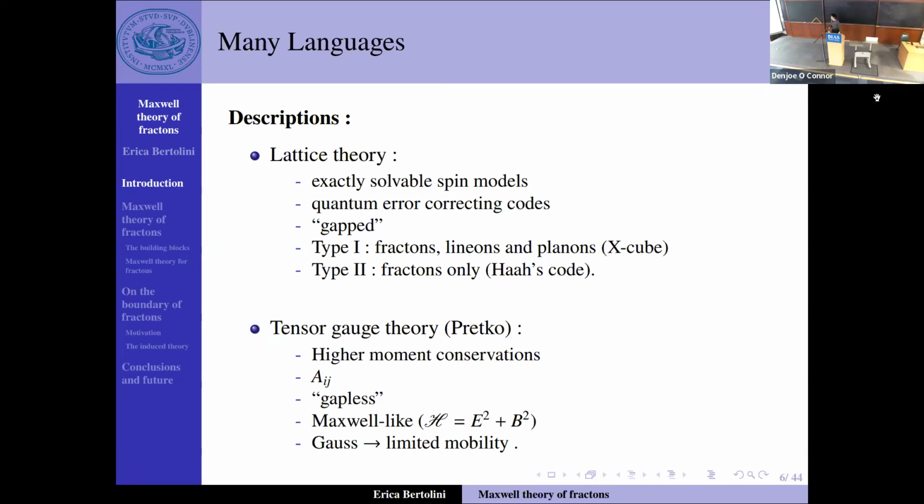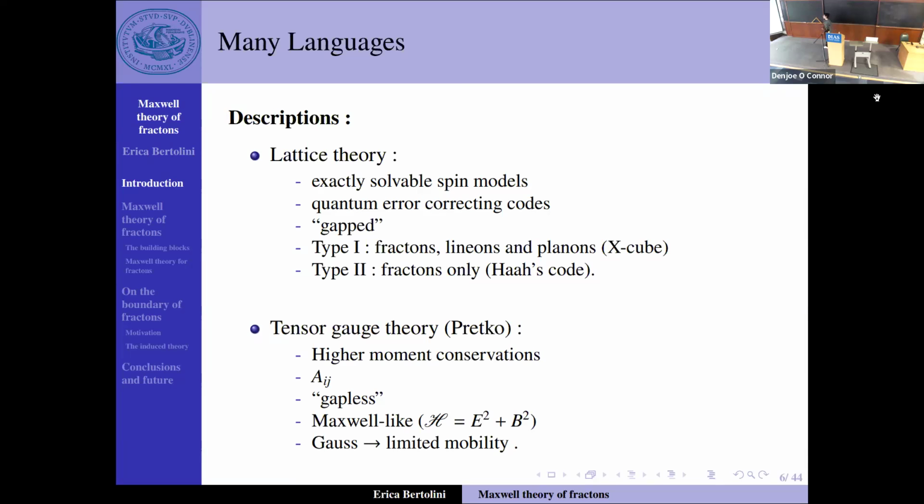While on the second class of fracton theories, gauge theories, these are fractons described in terms of higher momentum conservation, in the sense that they are characterized by dipole or quadrupole conservations. They are written in terms of rank 2 symmetric gauge fields, where these are spatial indices.